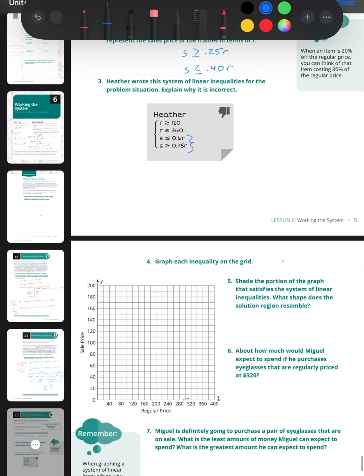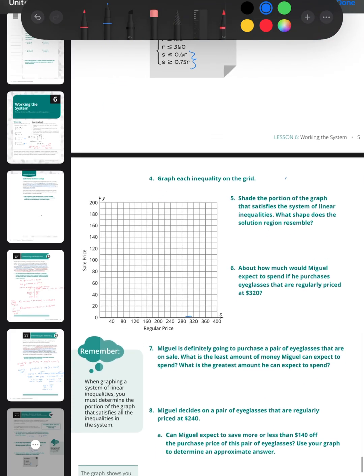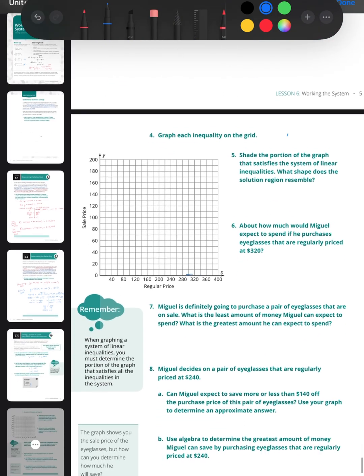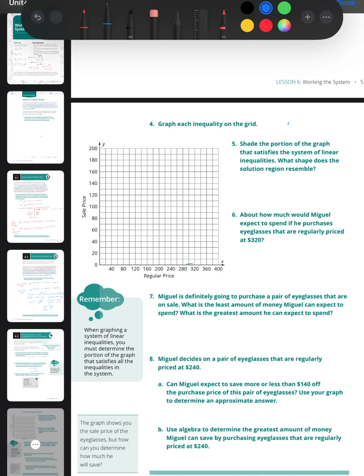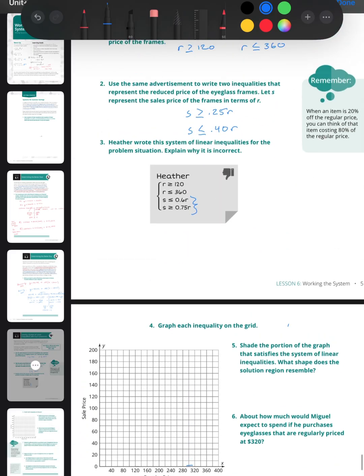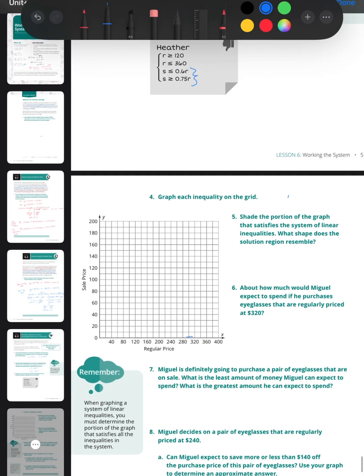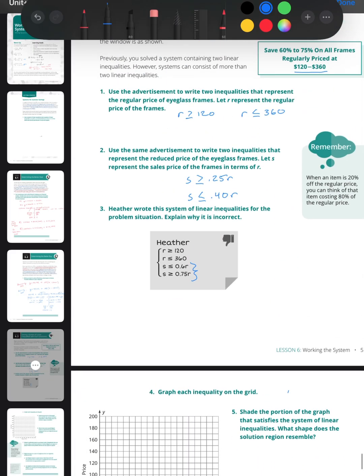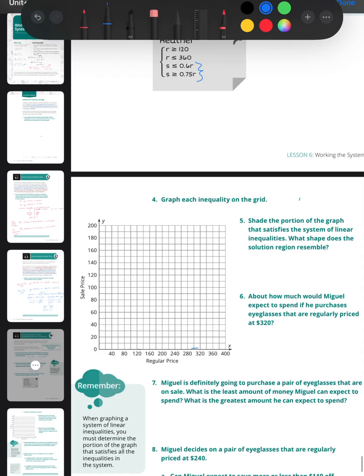All right, if we go to the next page, we're going to graph that. We're going to graph each inequality on this graph. We've got regular price as our x-axis. So if we look at our first two constraints, R is greater than or equal to 120 and R is less than or equal to 360.